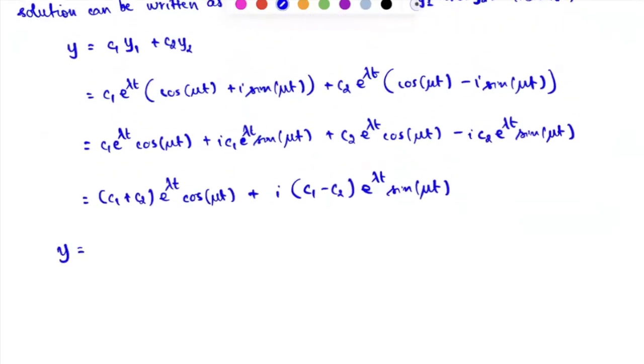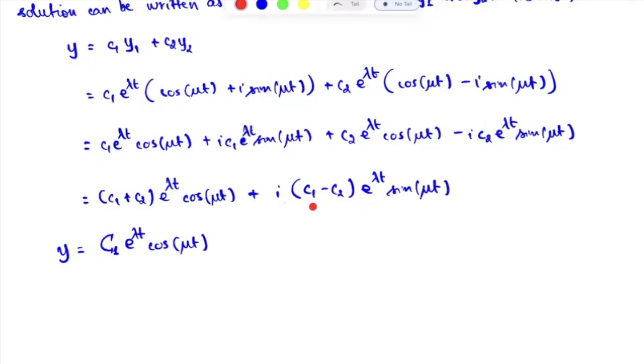Now we're going to make some assumptions here that, again, c1 and c2 are arbitrary constants. So c1 plus c2 is going to be some arbitrary constant as well, and therefore we're going to get, let's say, capital C1 times e to the lambda t times cosine of mu t. So c1 is a constant, c2 is a constant, so c1 plus c2 is a constant as well, and I just substitute that with a capital C1.